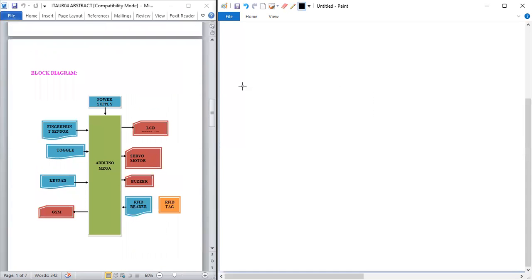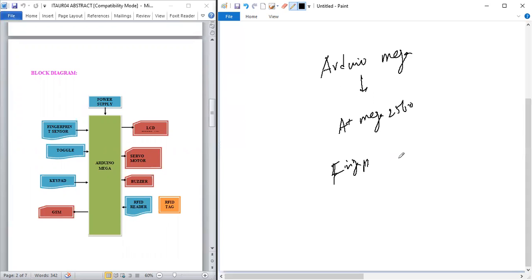This is the block diagram of our proposed system. We are using an Arduino Mega development board. The IC name is ATmega 2560. Here the inputs are the fingerprint sensor, toggle switch, and then keypad for entering the OTP, and then an RFID reader acting as the ATM card.